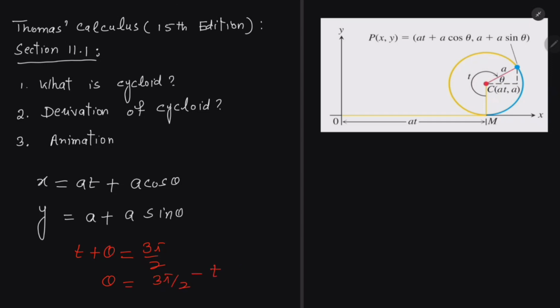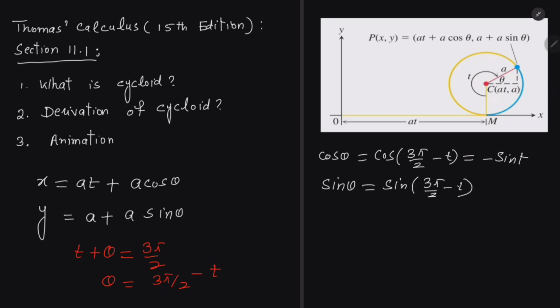Put this value into the equation. Cos theta is cos of 3 pi by 2 minus t, which is equal to minus sine t. And sine theta will be equal to sine of 3 pi by 2 minus t.